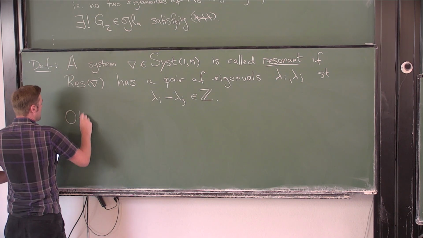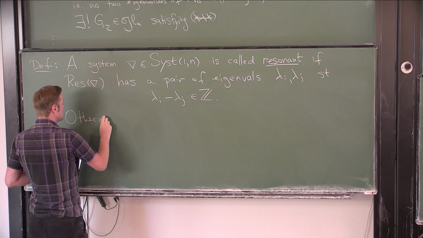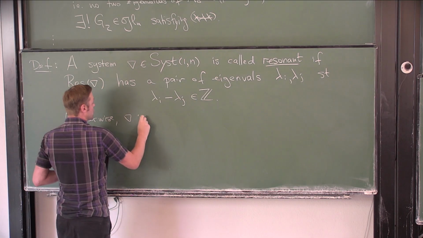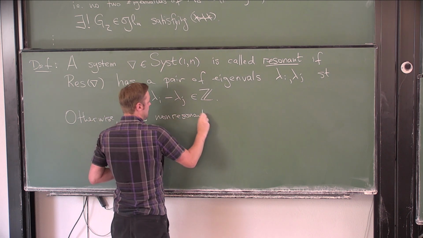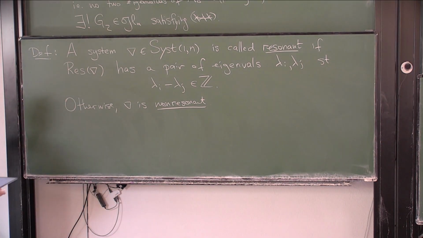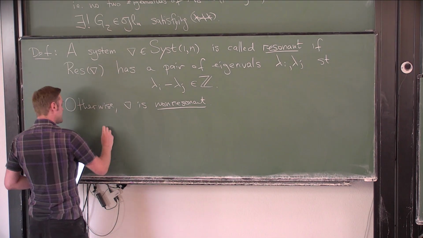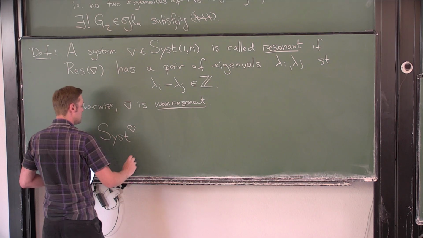The opposite is that if no two eigenvalues differ by an integer, nabla is called non-resonant. This defines a subset of non-resonant systems, which maybe I'll denote like this.